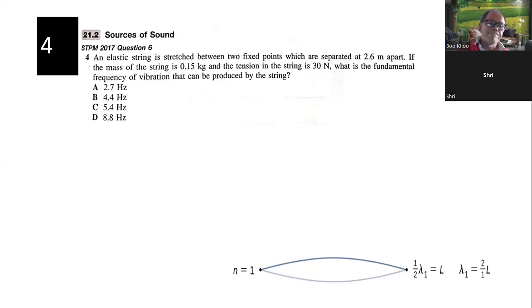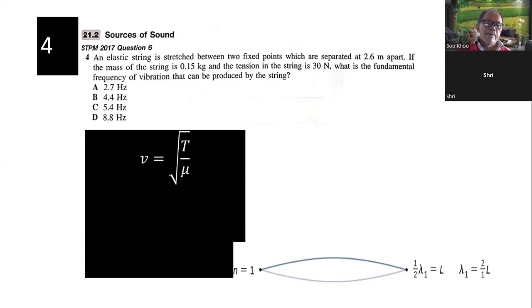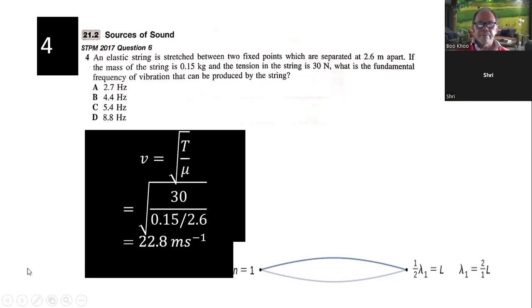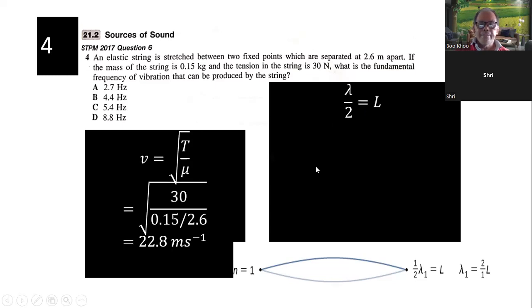Calculate your speed using this formula. Tension is 30. Mu is that mass there divided by the length. That's the speed. And this is your half wavelength, equals the length of the string.